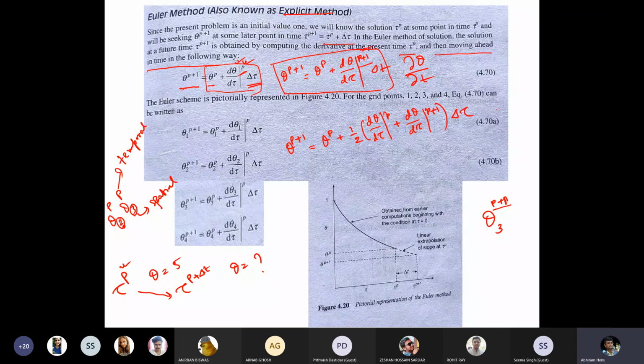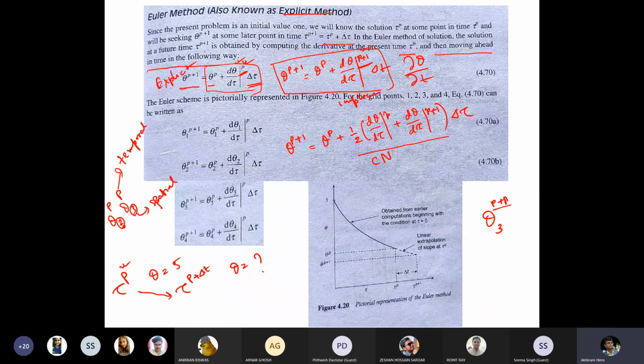So this is also a possibility. In the Euler explicit method we are taking the gradient at the pth value, in the implicit method we are taking it at the p plus 1th value, and there is another possibility where we can take the average of the p plus 1 and p values. This is called the Crank-Nicolson method. This is the Crank-Nicolson method, this is the implicit method, and this is the explicit method. Okay, so these three mechanisms are there.